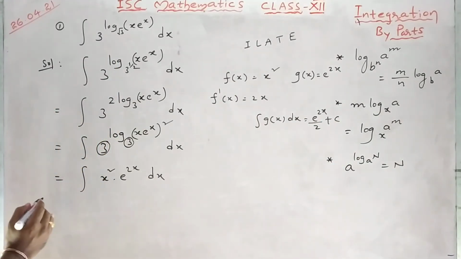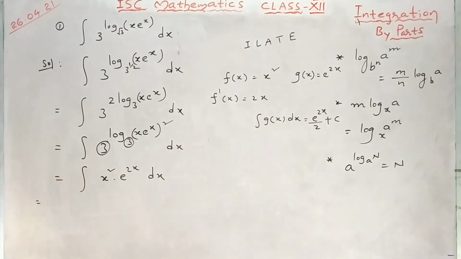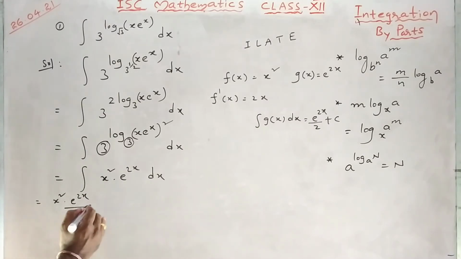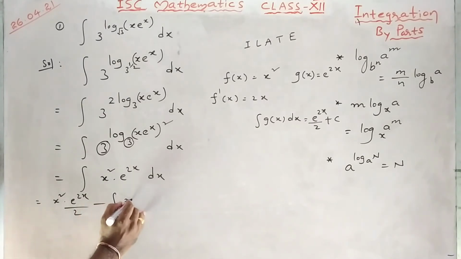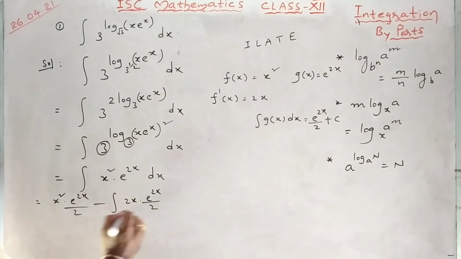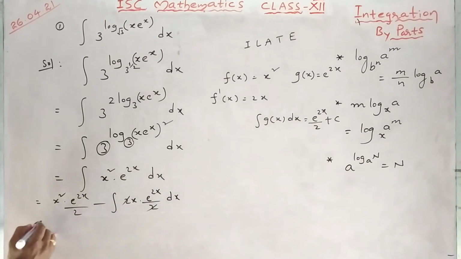Now if you apply by parts here, what is the formula for by parts? Already I told you: first function x square into integration of second function e power 2x by 2, minus integral of derivative of first function into again integration of second function dx. 2 gets cancelled.